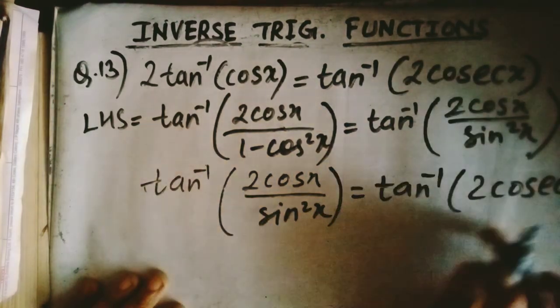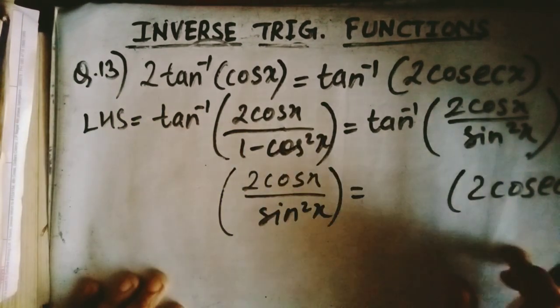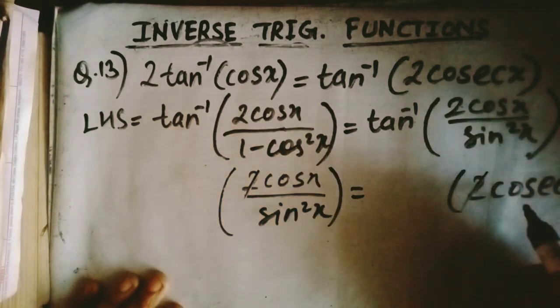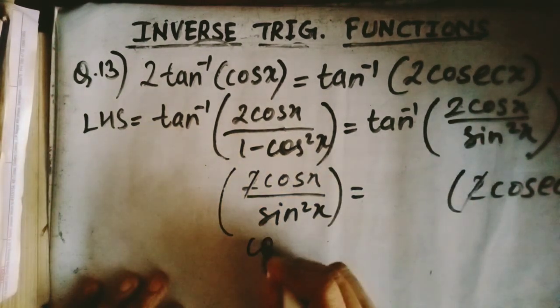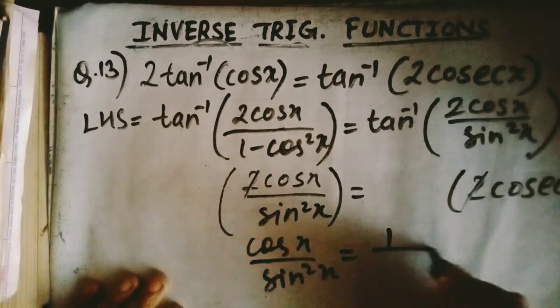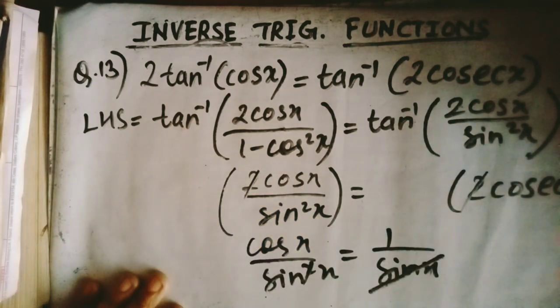So we can equate the angles, so we will get this as this. Okay, 2 gets cancelled, cosec of x is nothing but 1 upon sin x, and this gets cancelled, so you will get cos of x upon sin of x equal to 1.